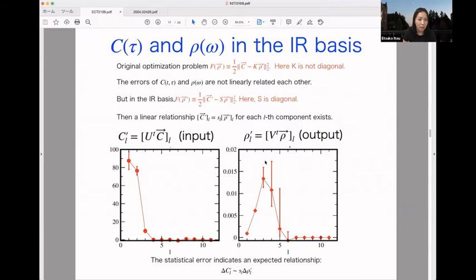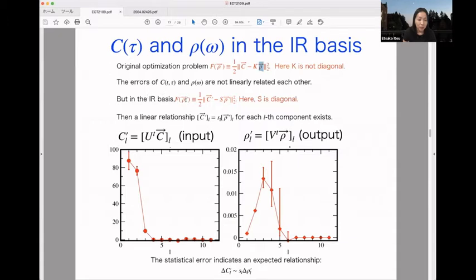The original optimization problem's cost function is given by this equation, with the original correlation function C vector, the kernel, and the rho vector. We would like to find the rho that minimizes this cost function. But here K is non-diagonal, so the error bars of the correlation C and rho are not linearly related to each other.